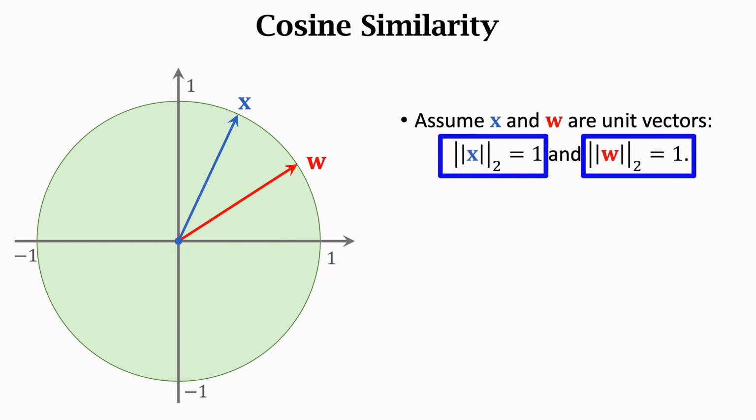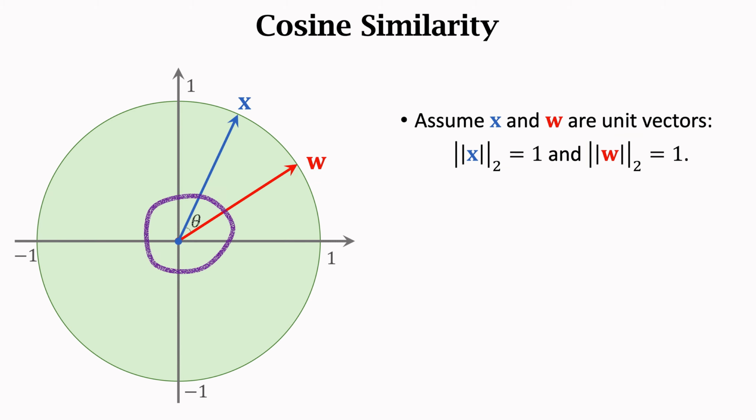I plot x and w as the blue and red arrows in the figure. Let theta be the angle between x and w. In this example, x and w are unit vectors. Thus, cosine theta is equal to the inner product of x and w. Cosine theta can measure the similarity between x and w.